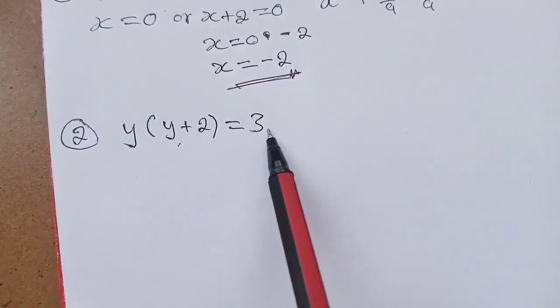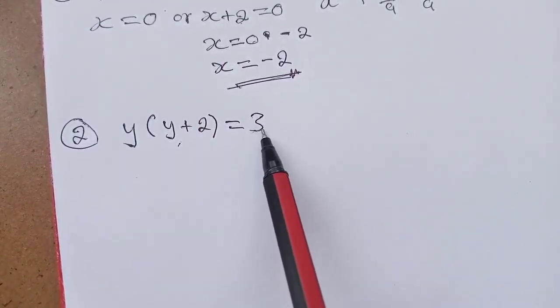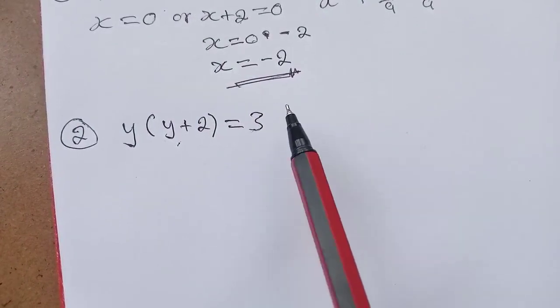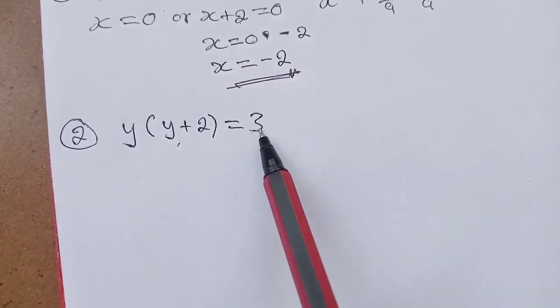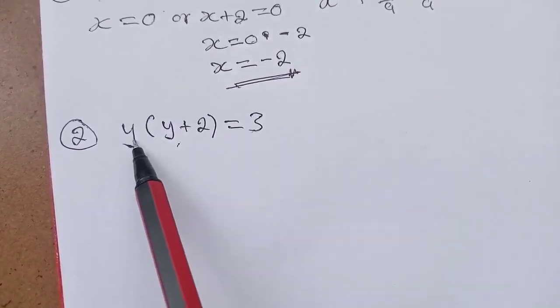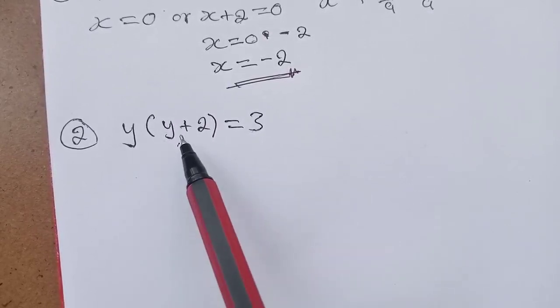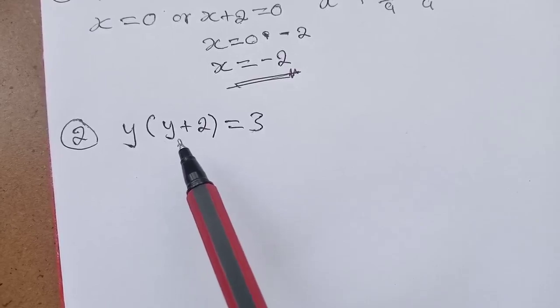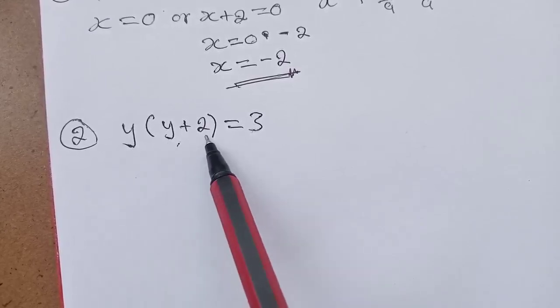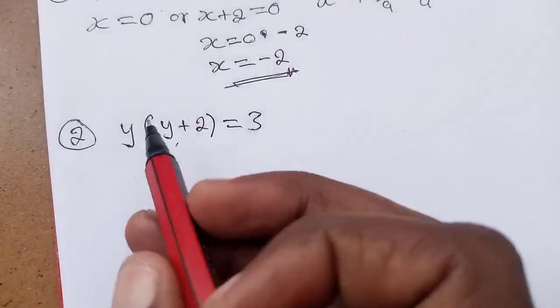But if they are not equal to 0, and are equated to a number more than 0, then we multiply y with everything inside, if you remember how to multiply algebraic expressions.